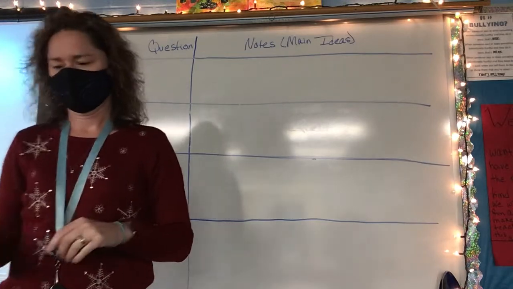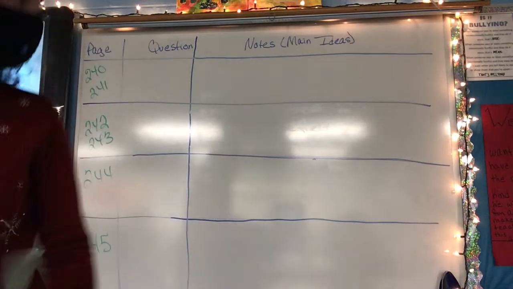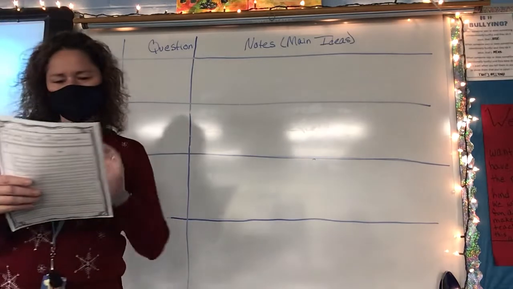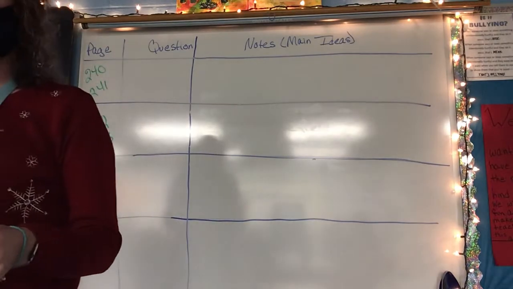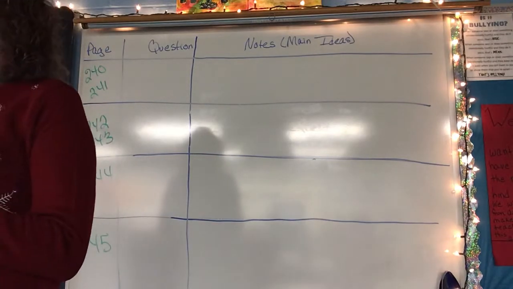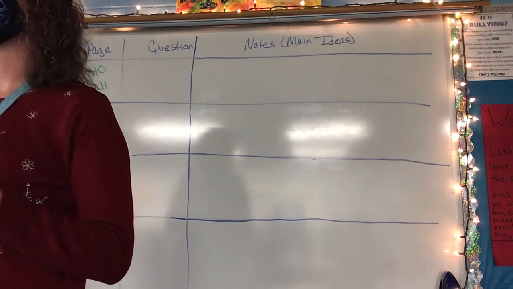All right. Perfect. So, question 1 for pages 240 to 241 asked, how did the geography, the rich farmlands, affect farms? So what geography helped those farmlands prosper?